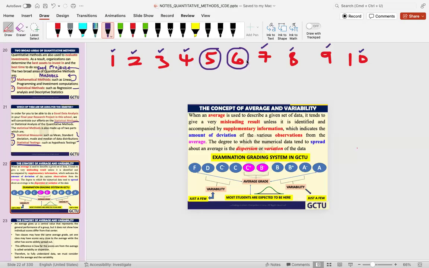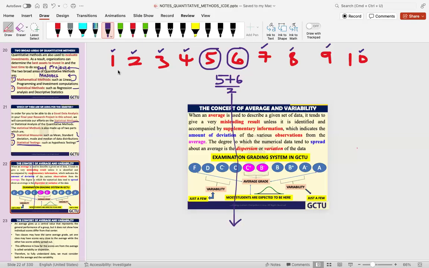So when you are doing these calculations for median, when you have two numbers in the center, you just have to put them together, 5 plus 6, and then you divide it by 2. And once you do that, the final answer you will have will be 5.5.